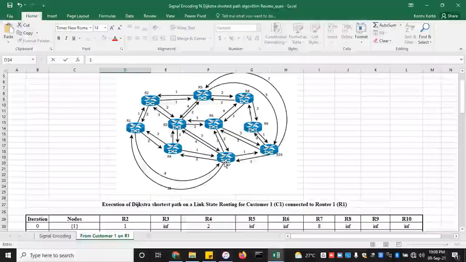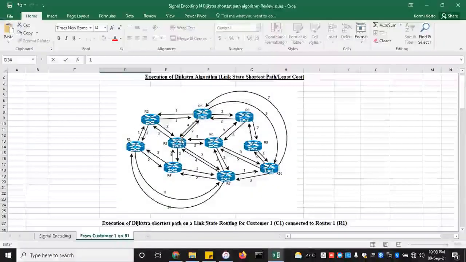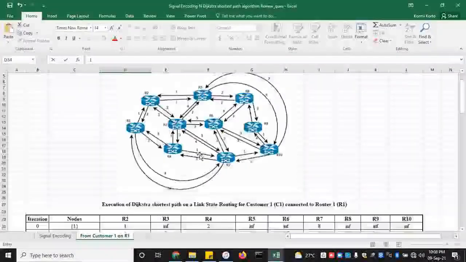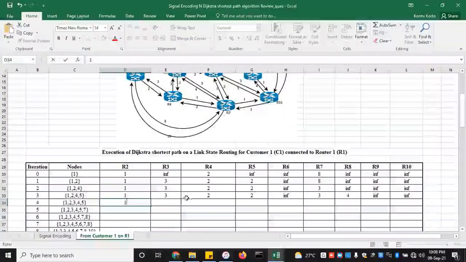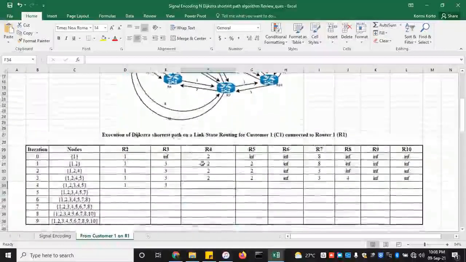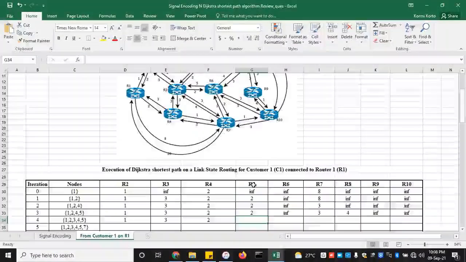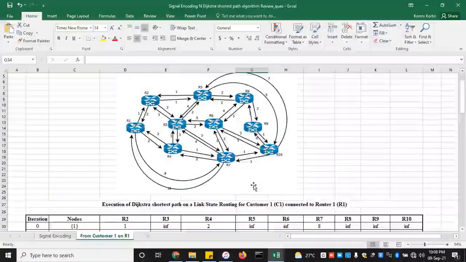So now the least cost to get to 3 will still be obviously 3. It will still be 1 plus 2, which is 3. That still remains at 3. What about 4? 4 will still have the same 2 because 2 is still the shortest path. 5, on the other hand, will also carry the same least cost of 2, which is 1 plus 1.